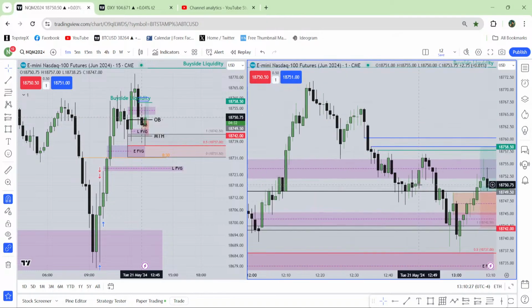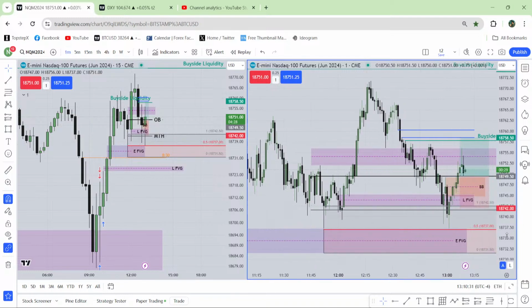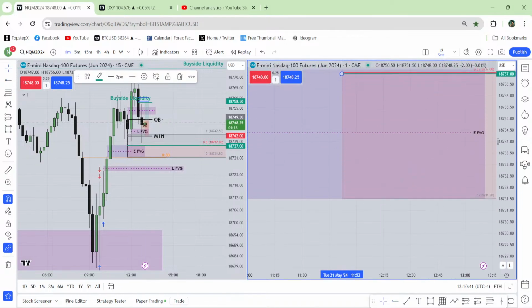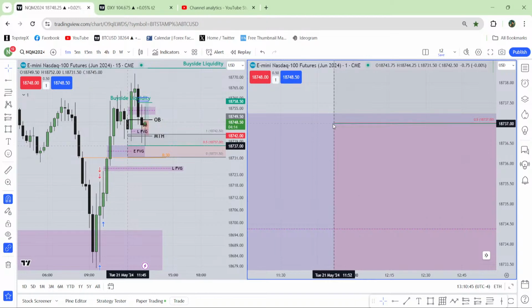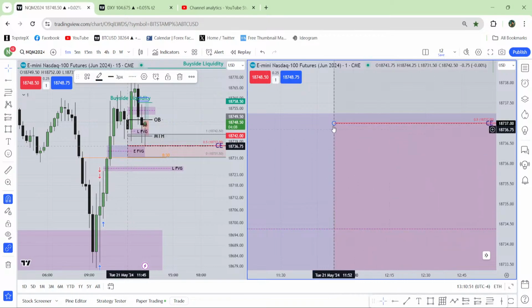I was talking about this weak 50%, so let me mark the 50% over here, and it is tick by tick, so something so obvious. This is the 50%. Let me make sure that it's at the right place. So this is the 50%.